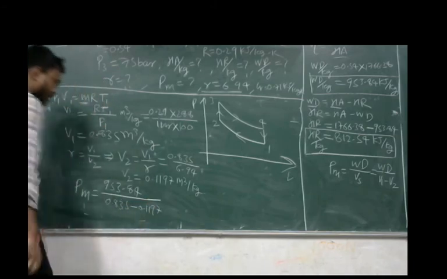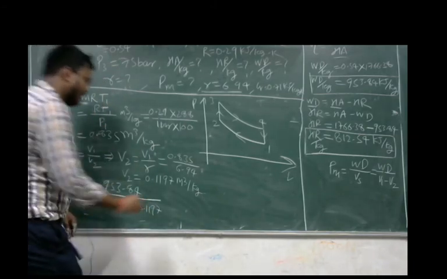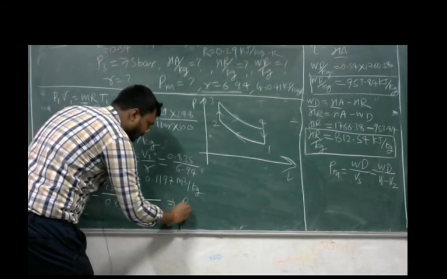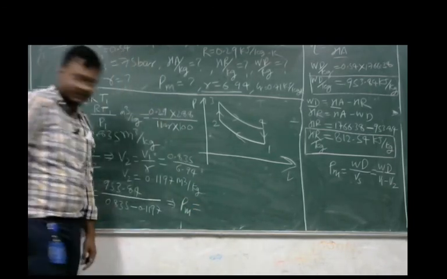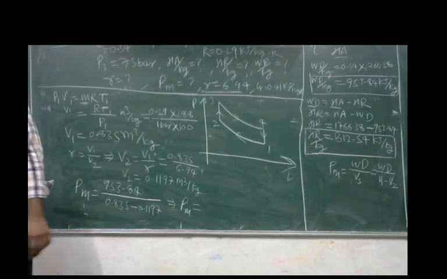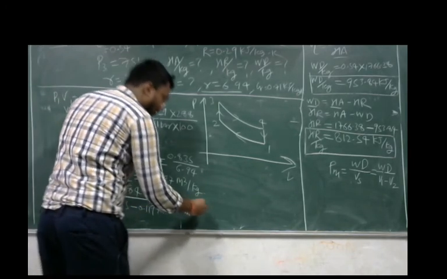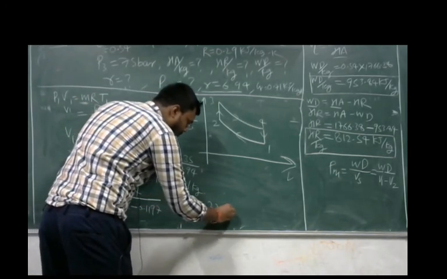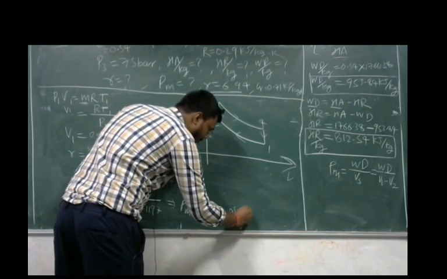After calculating this value, we will get the mean effective pressure PM equal to 1322.015 kilopascal.